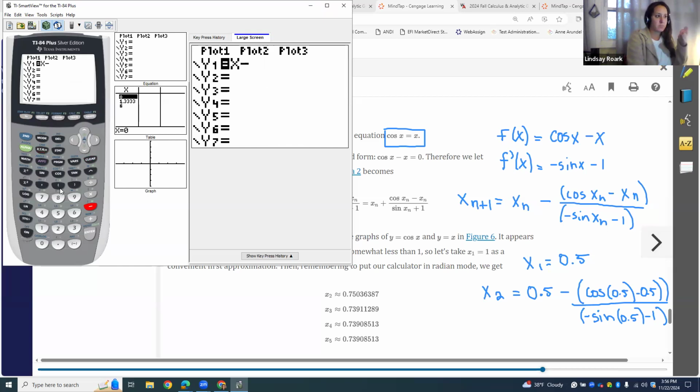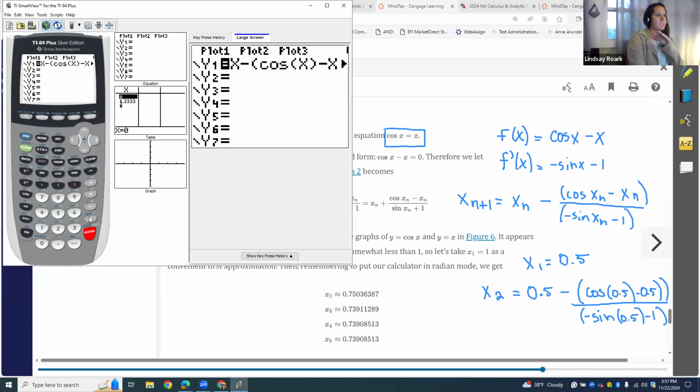It's always x minus the original function divided by the derivative. So I'm going to type in the original function. So I have x minus parentheses cosine x minus x, right? And then divided by the derivative, which again we said was negative sine x minus 1, right? Okay, and then I'm going to close those parentheses.